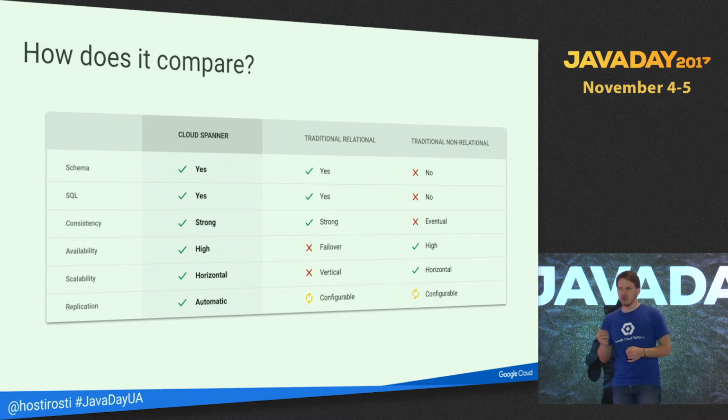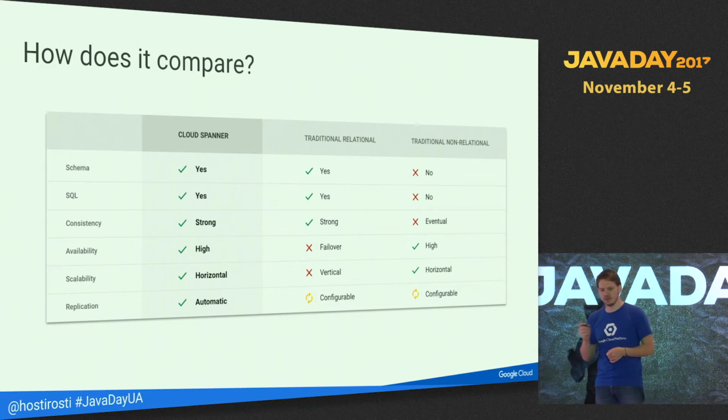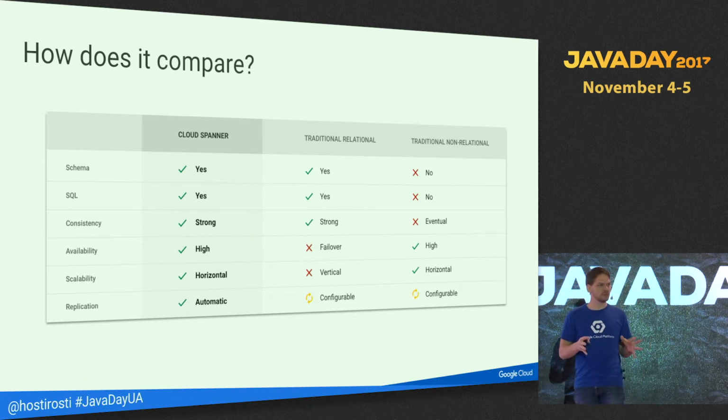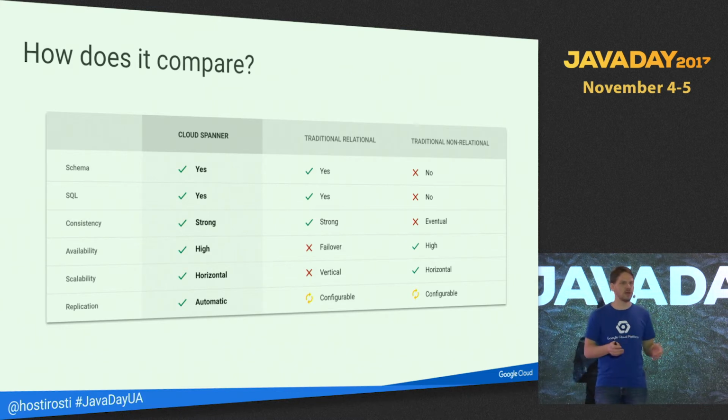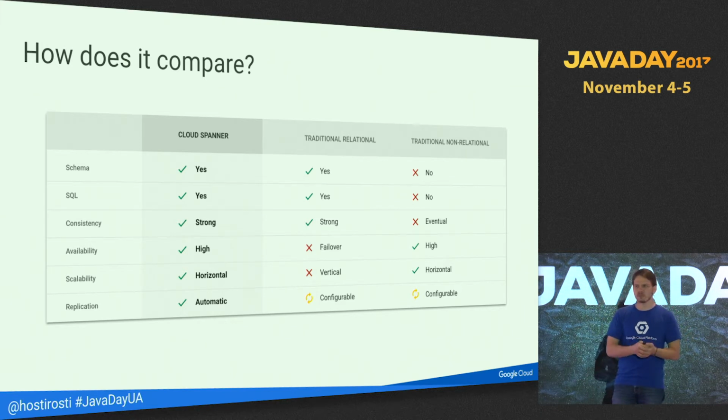Now, we get compared most of the time to a single node system. But even if we compared ourselves to a sharded MySQL or Postgres, there are a couple of things to mention. First of all, let's imagine you have a setup with a master, a failover instance, and some read replicas.